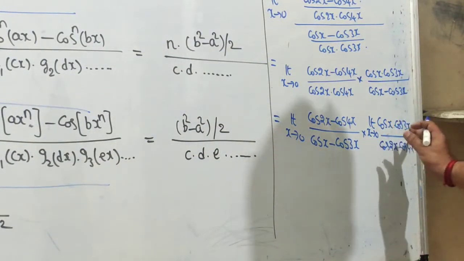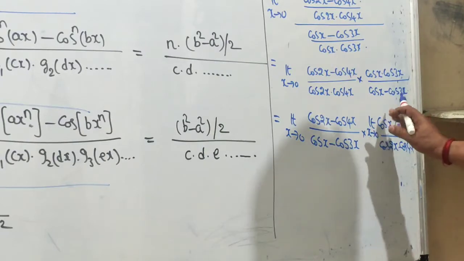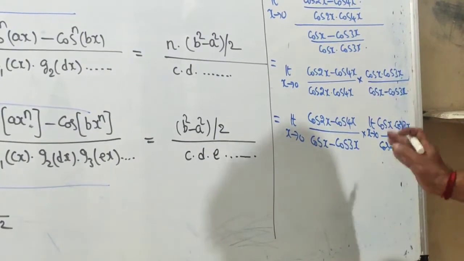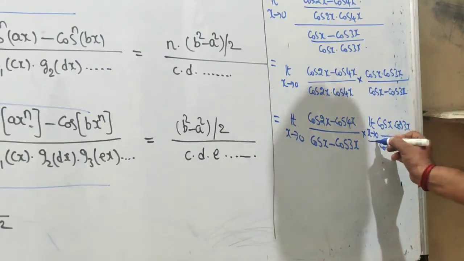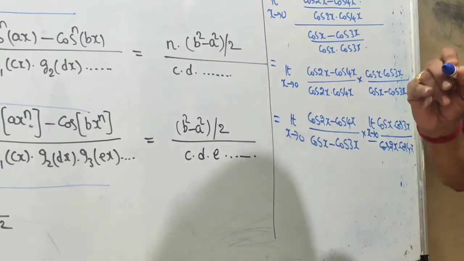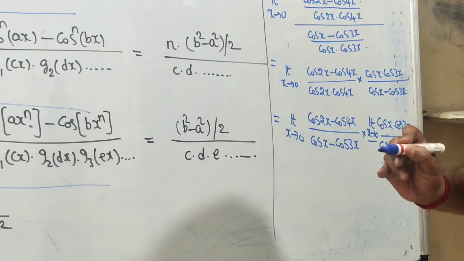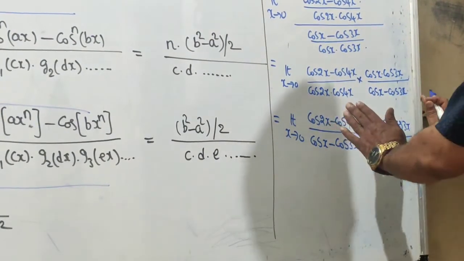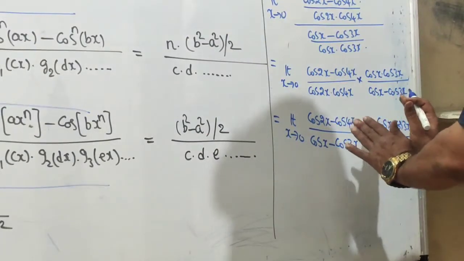I separated the functions cos x, cos 3x, cos 2x, cos 4x. Why? Because by putting x equal to 0 directly, we are obtaining a finite value. Understand? In such a case only, we have to take the separate product.